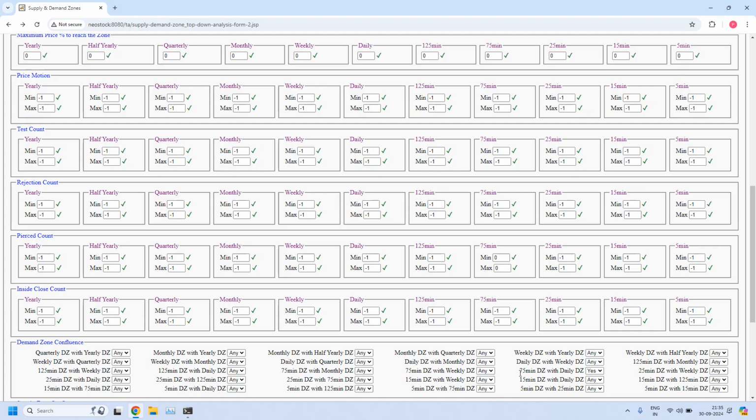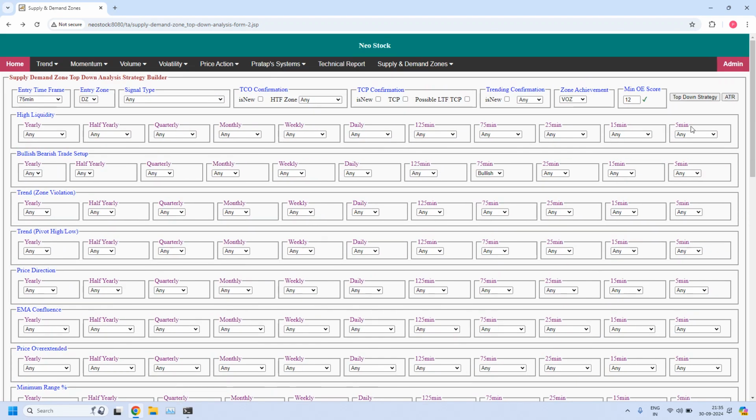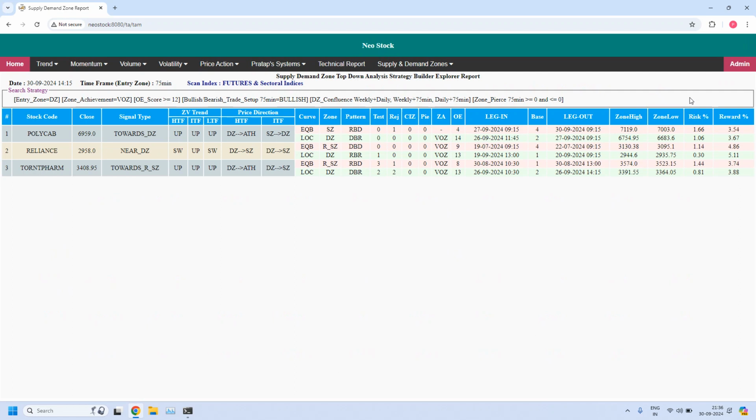Sorry, some mistake. Earlier we enabled 75 with daily demand zone is enabled. Now 75 with weekly demand zone, because weekly is HTF. And also daily demand zone with weekly demand zone, that is ITF and HTF confluence. With all the 3 filters we enabled LTF, ITF, HTF confluence, that is 75 minutes, daily and weekly zone confluence.